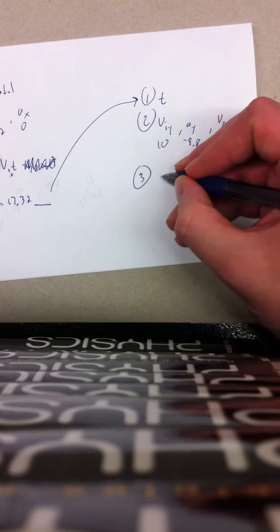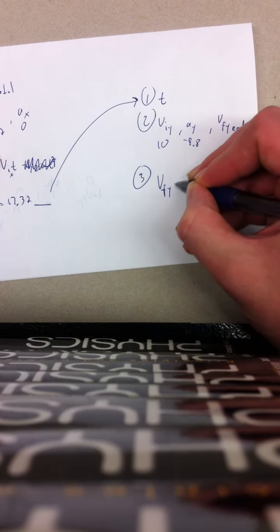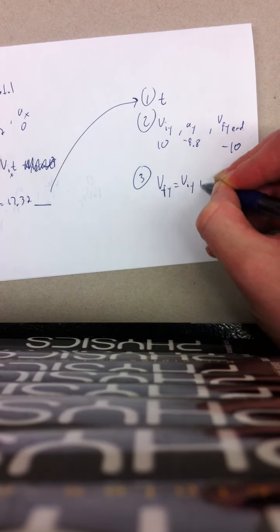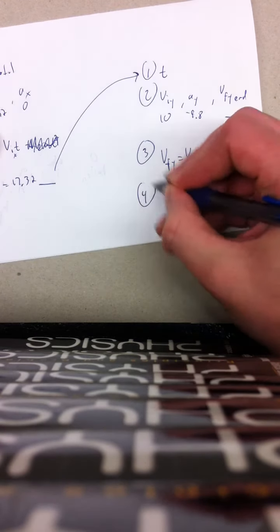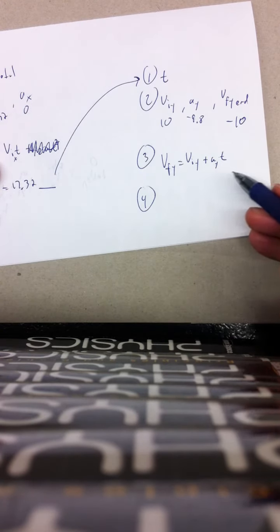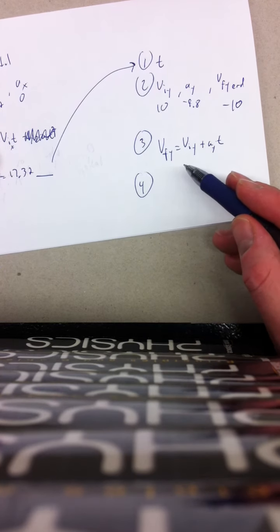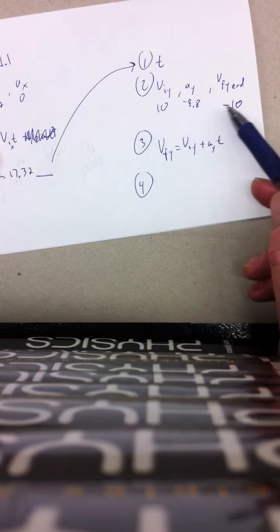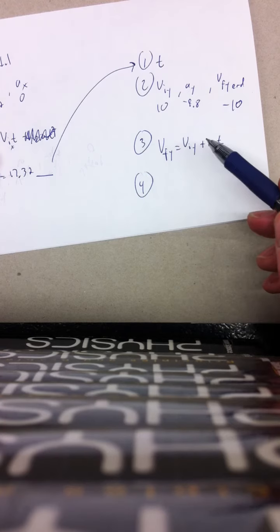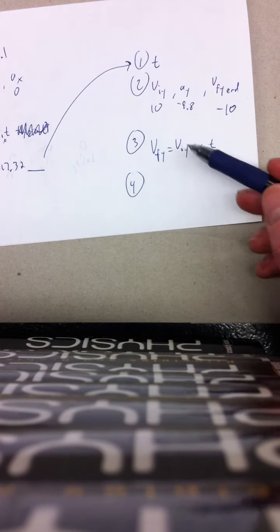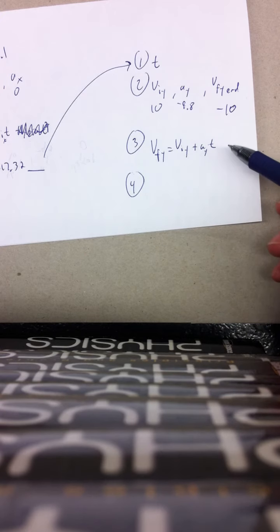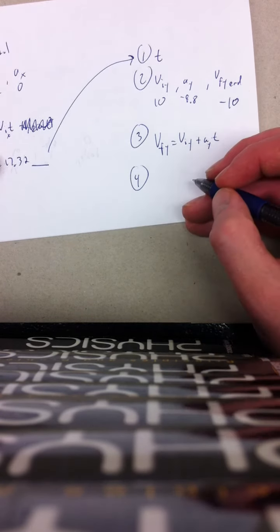So to solve for time, the best way to go is VFY equals VIY plus AY times t. I know sometimes I actually will write in the y's, sometimes it's not really the most important thing to do. Just make sure that you don't mix up your variables from the horizontal and the vertical. The only time that you can actually mix a variable between the horizontal and the vertical columns is with time, which we're doing here.